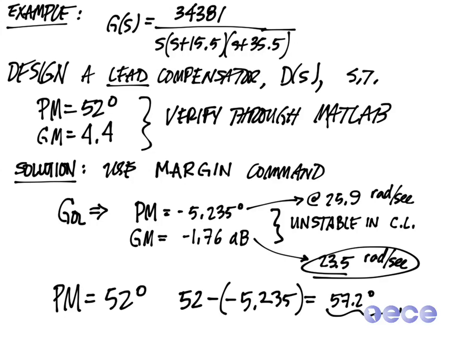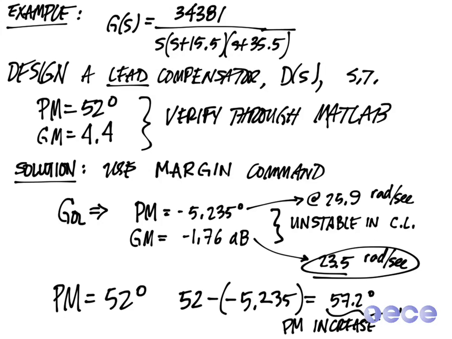This is how much we need to increase our phase by. So in order to get this kind of an increase, we know the frequency at which it happens. 23.5 is where our omega c is.